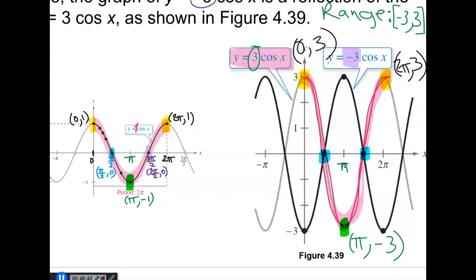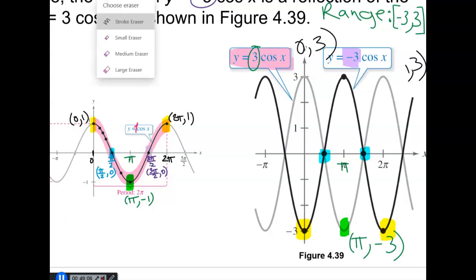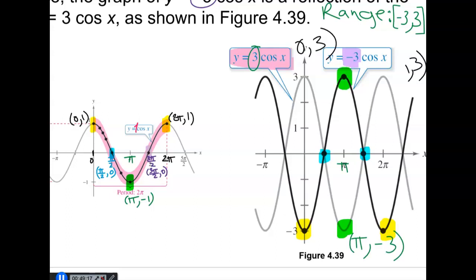So let's start with the points that were the max here and here. Those are going to be now minimums, and the minimums become maximums. I'm going to go ahead and erase that yellow highlighter. Oops, I just erased everything. That's fine. The x-intercepts will stay where they were. But what used to be our minimum here is now going to be reflected up here, so the coordinates for that one will be pi, 3.